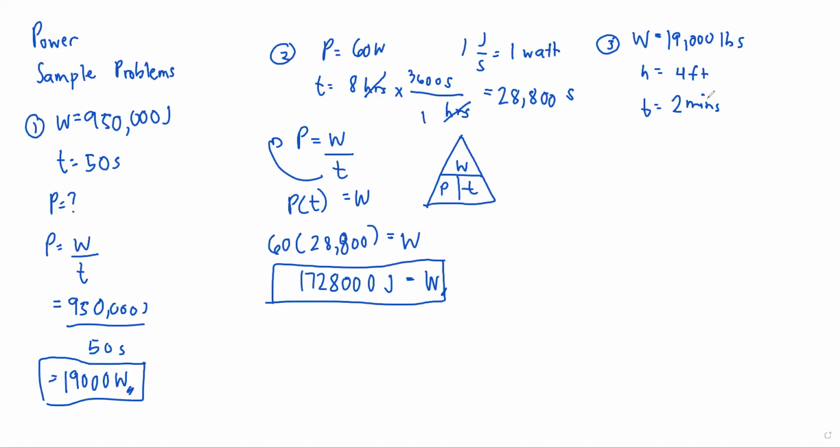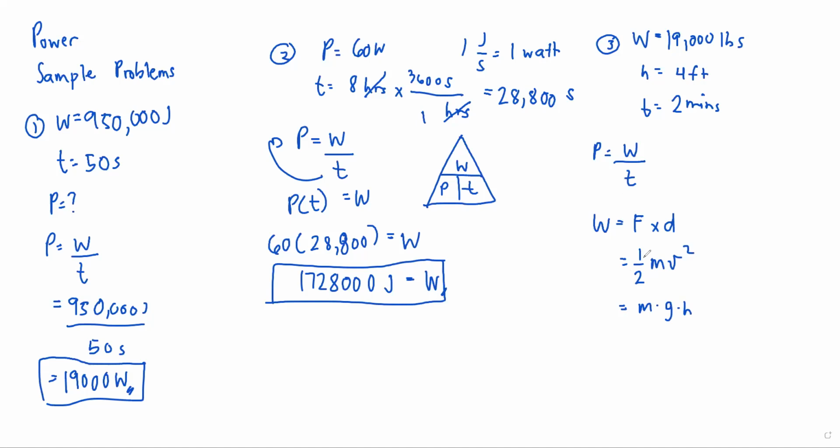Di ba? As we remember, always remember that power is equals to work with respect to time. And we have many formula for work. We have work equals to force times distance, or we have 1/2 mv squared, or we have the formula for potential energy, which is mass times acceleration times height.